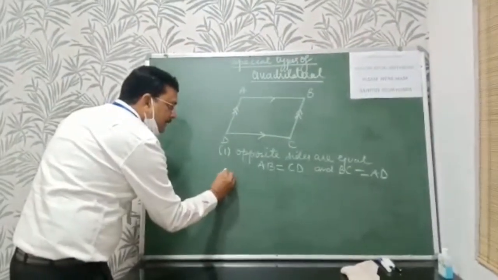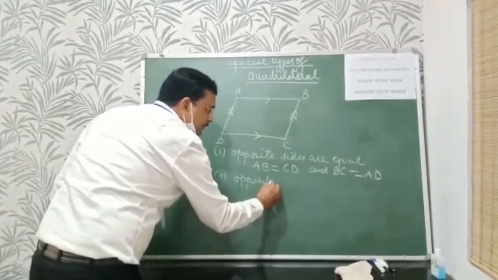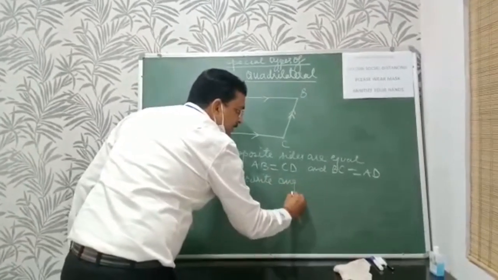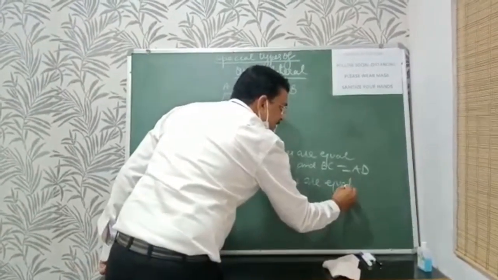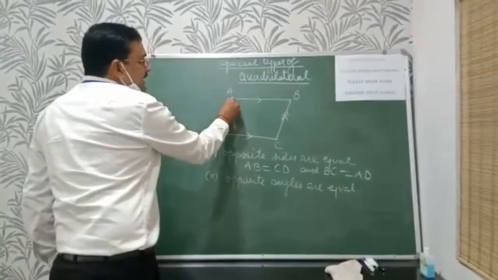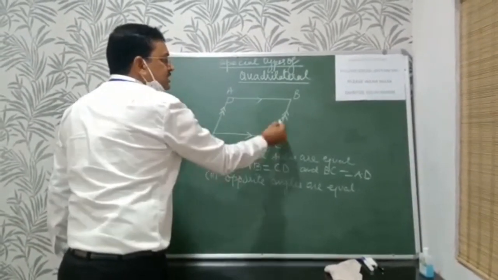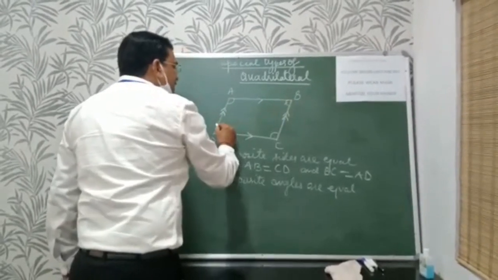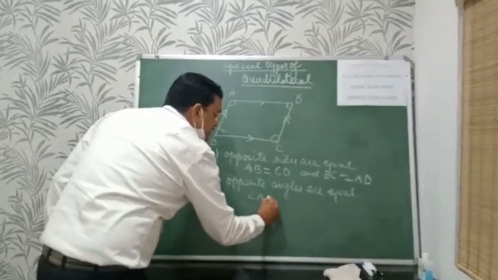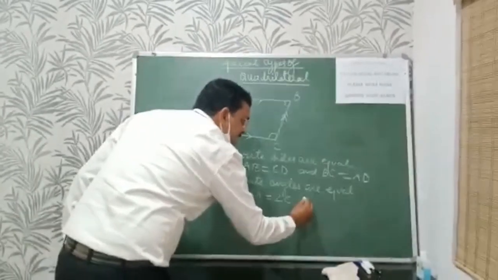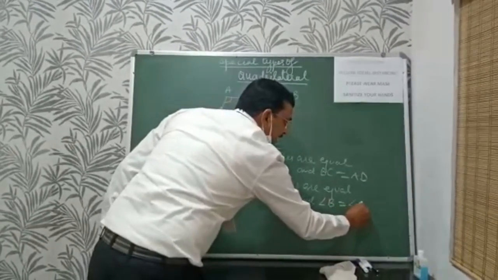Second, opposite angles are equal. It means angles A and C have equal measures, and B and D have equal measures. So we can say angle A is equal to angle C and angle B is equal to angle D.